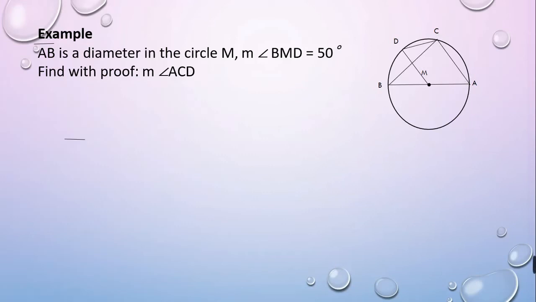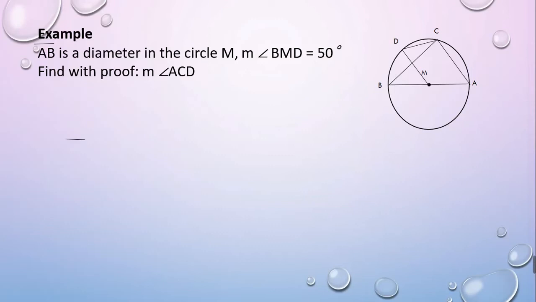He gave me information AB is a diameter, so we have an inscribed angle drawn in this semicircle, and the measure of the angle ACB is 90 degrees. BMD is a central angle, so the measure of BMD equals 50.